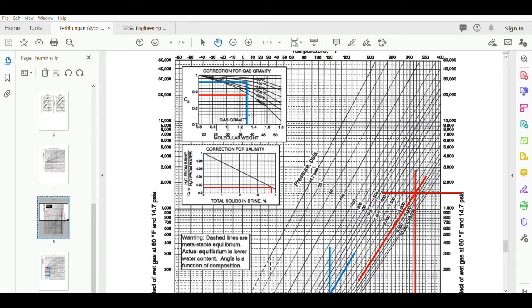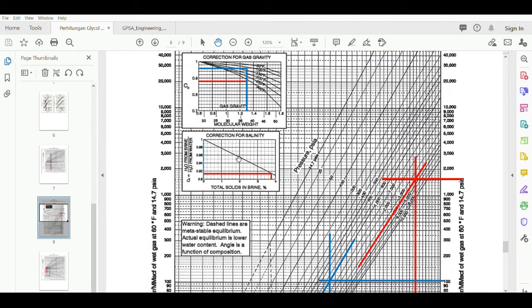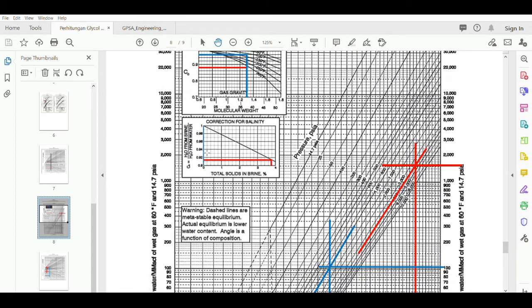And you see that the correction is for the same 1.3 gravity of gas at 120 degrees Fahrenheit, go to the left, so we end up with 0.958. Okay, and for this one, since we have no solid content, since it's gone through the scrubber, it becomes 1 in the correction for salinity.